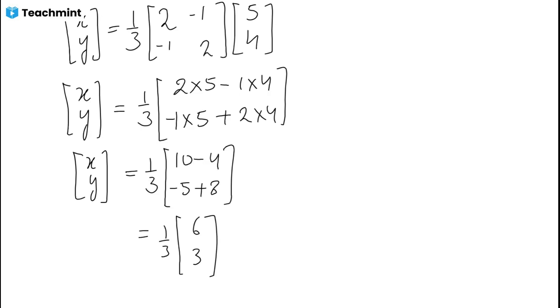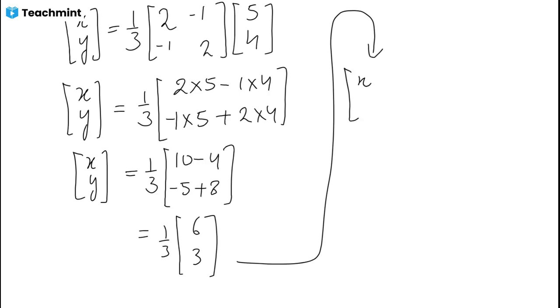We have 6 and 3. Now just multiply this 1 by 3 inside: 1 by 3 into 6 and 1 by 3 into 3.